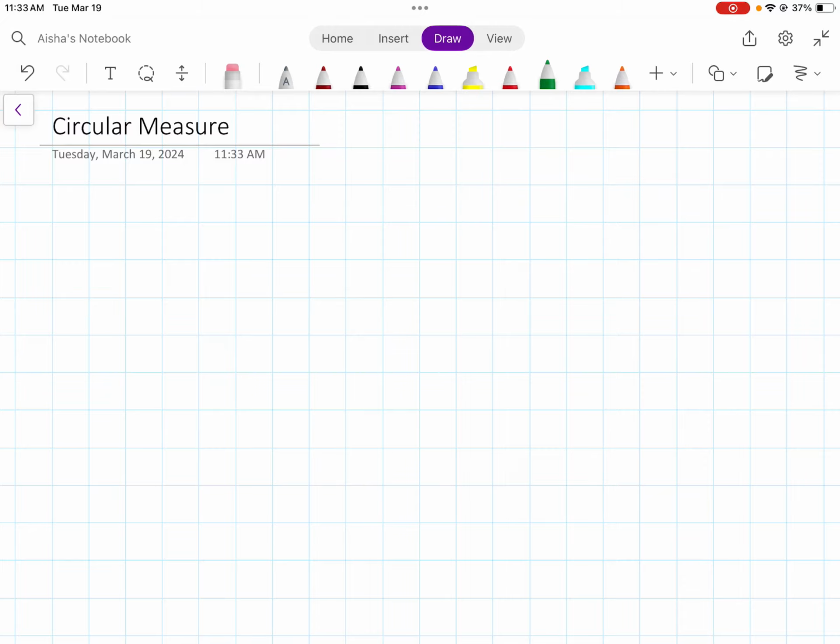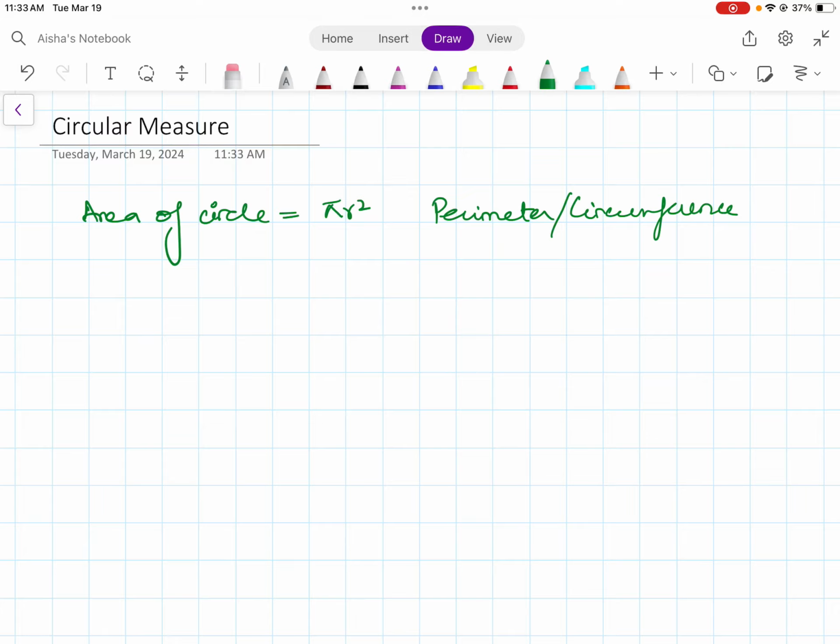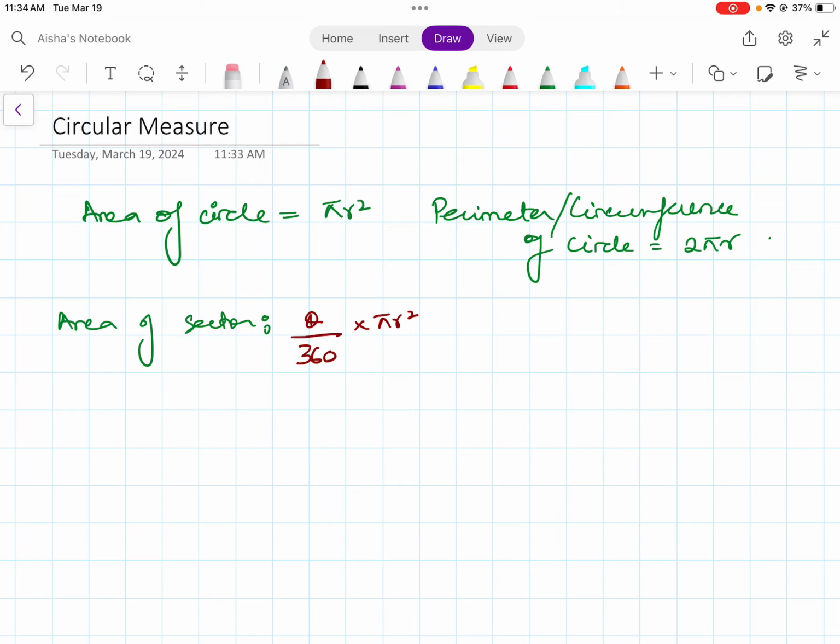For circular measure, we know that the area of a circle is pi r squared, and the perimeter, or circumference, of a circle is 2 pi r. Now, the area of a sector is theta upon 360 into pi r squared.